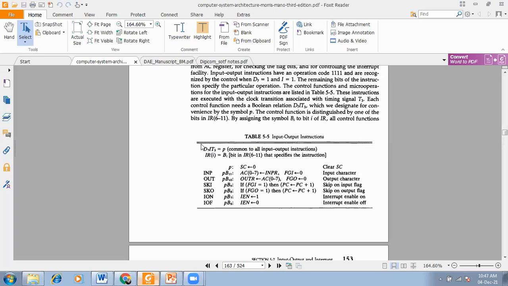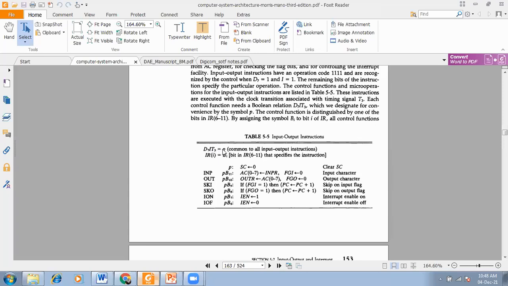So as a whole, D7, I and T3, because at T3 this is actually executing, must be present here. In short, we write it as P. P means D7, I and T3, that is, it is an IO instruction.